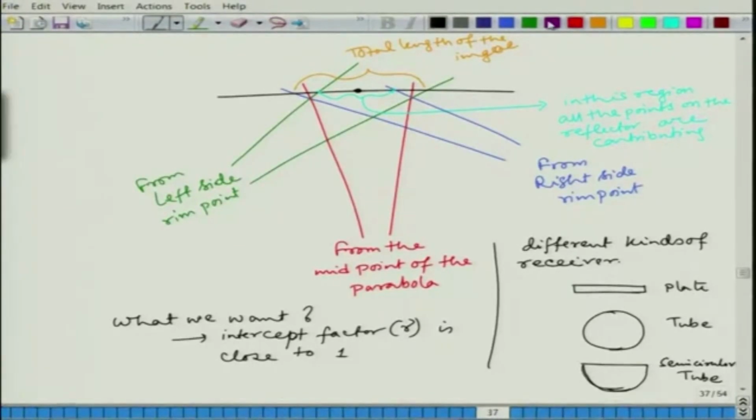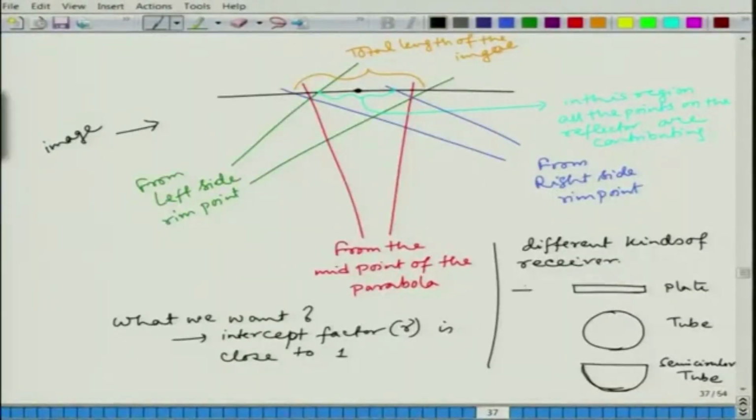Here we have seen that the image that forms in the focal plane is somewhat distributed depending on the symmetry of the parabola, and the intensity is again not everywhere equal. We started talking about different kinds of solar collectors, the receiver part, where we have looked at plate, tube, and also semicircular tube.